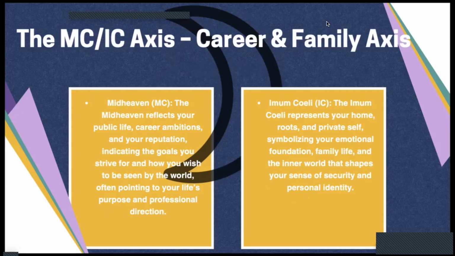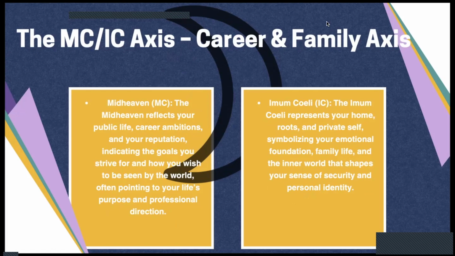The MC/IC axis is about career and family. The midheaven, the closest point to heaven, reflects your public life, career ambitions, and your reputation, indicating the goals you strive for and how you wish to be seen by the world, often pointing to your life's purpose and professional direction.